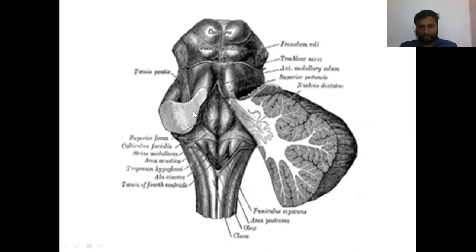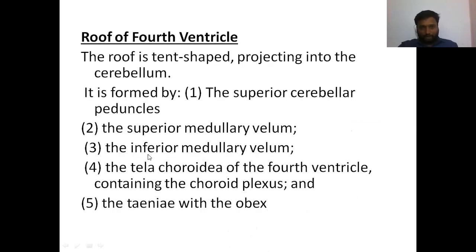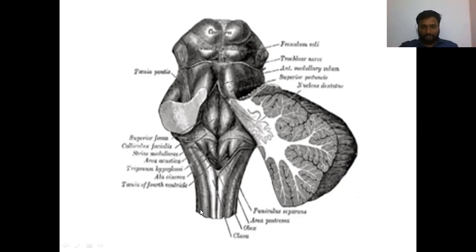Then here we can see the inferior cerebellar peduncle, which is also connected by the inferior medullary velum. For the inferior medullary velum, first we have to go through the tinea. Tinea means a thin white band. Here we can see a thin band, with a vertical part and a horizontal part. This thin band is known as the tinea.